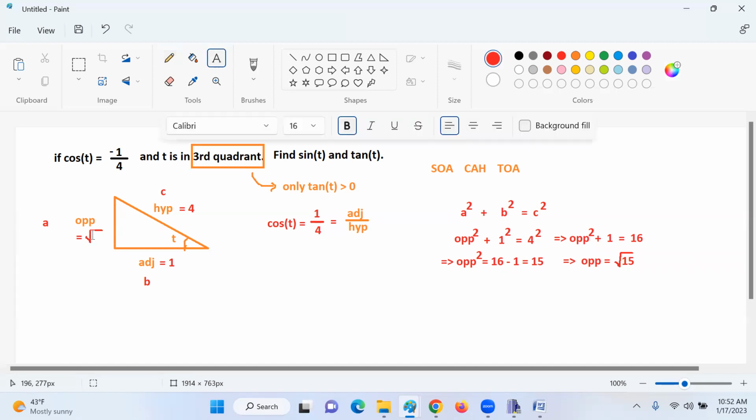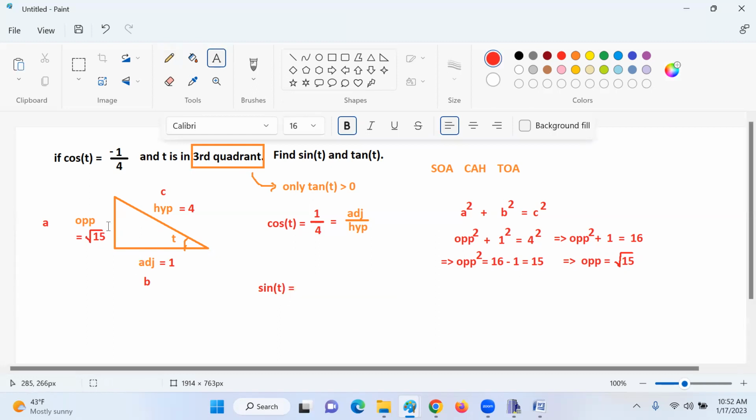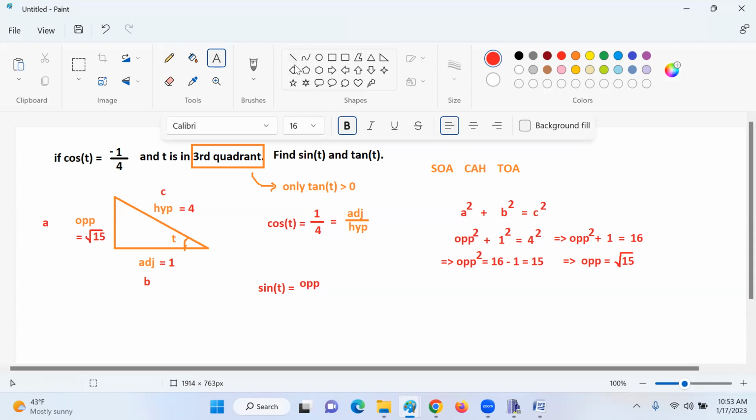Because we have all the sides, we can find the sine of t. The sine is the SOH in SOHCAHTOA, so that would be opposite over adjacent.